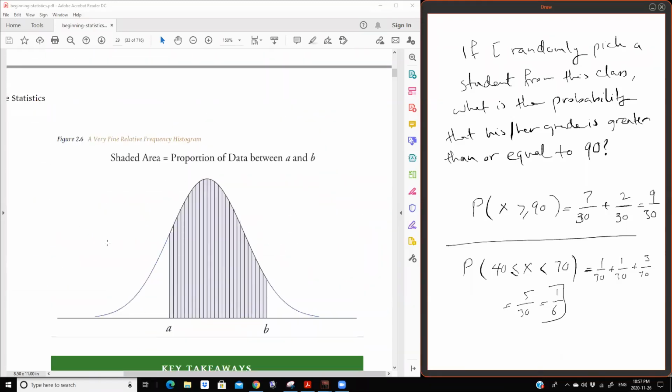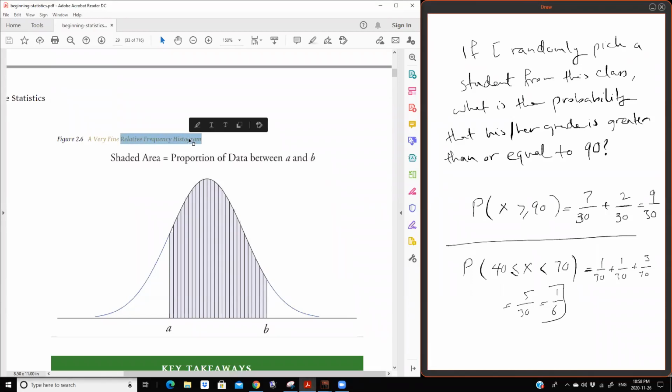And as I just mentioned, when you have a relative frequency histogram, there's going to be some relationship between the area and the probability. So the proportion of the data that are between A and B is going to be the same as the shaded area for a relative frequency histogram.